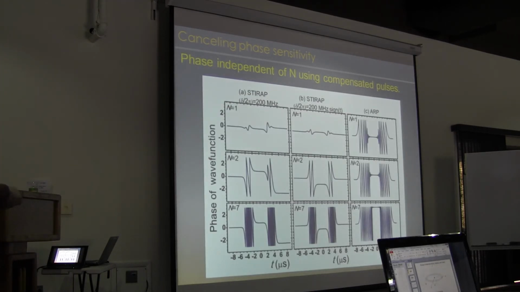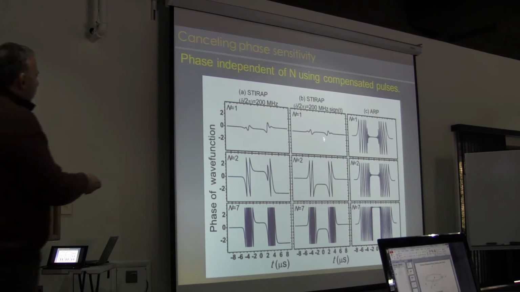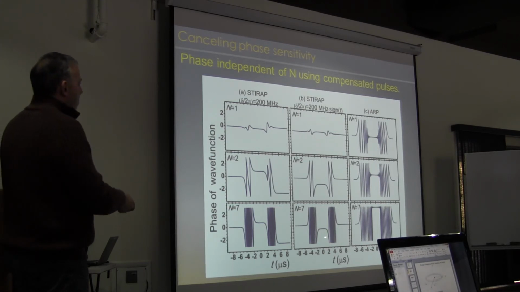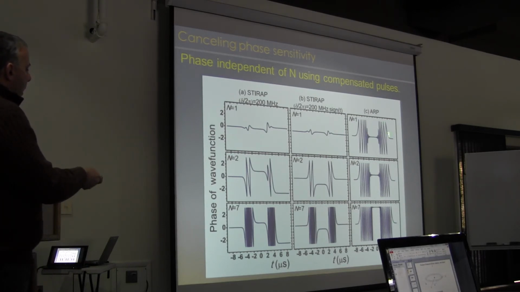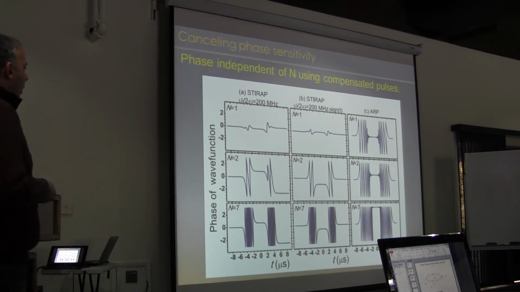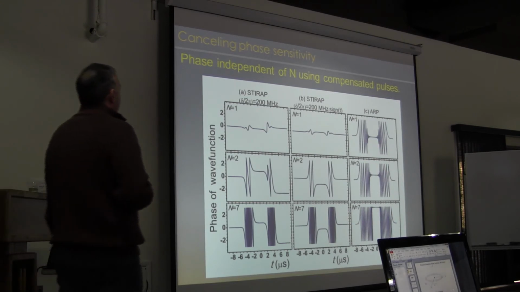And here you see some numerical calculations using STIRAP with no phase compensation, showing this large phase sensitivity of the wave function to the number of atoms, going from 1 up to 7. Here for compensated STIRAP pulses, and here for these adiabatic rapid passage pulses also works very well to cancel this phase sensitivity.